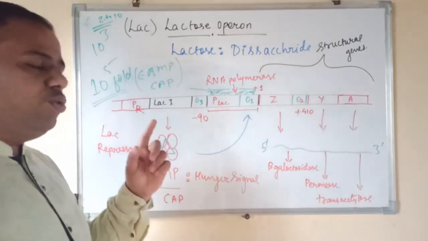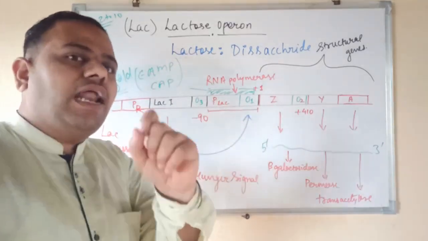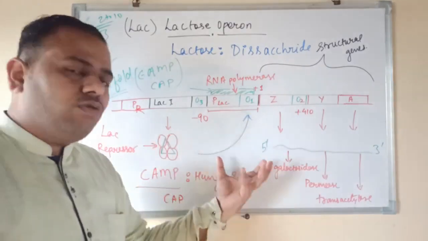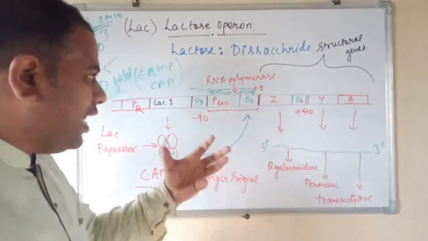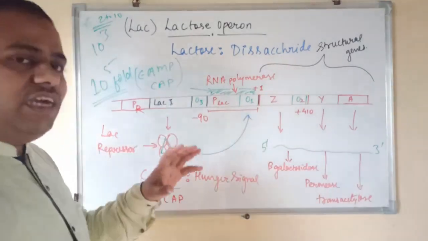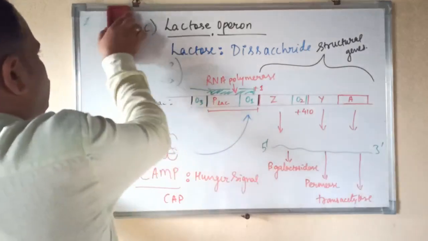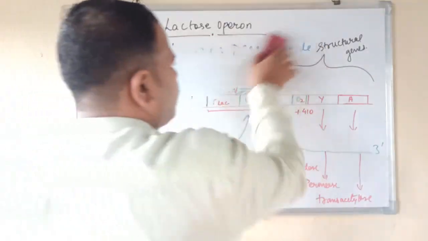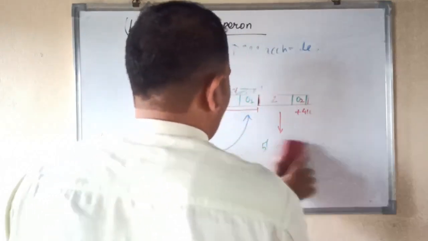First of all, I am going to tell you how lactose directly is not utilized here. Actually, it's the allolactose. So first of all, lactose is converted into allolactose by the beta-galactosidase enzyme, and this allolactose is acting as an inducer here, not actually lactose. Okay, so what is the difference in the chemical structure of the two that we are going to see here? So first I will show you the structure of allolactose.